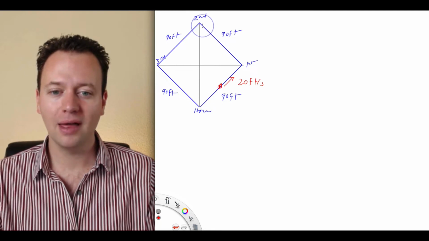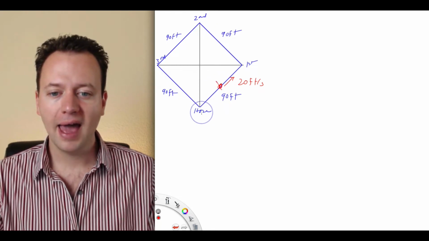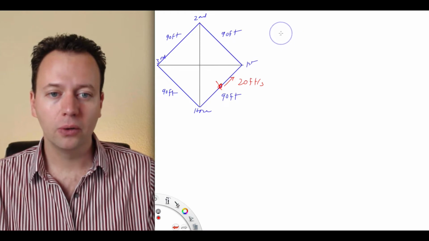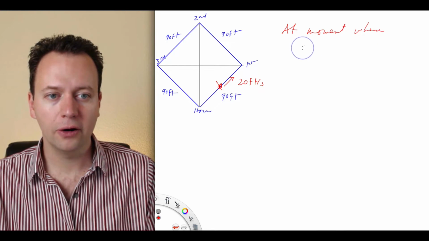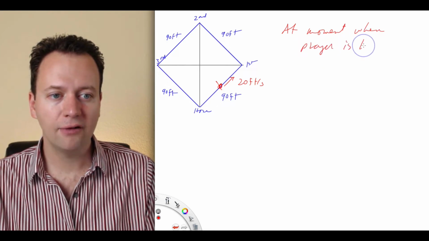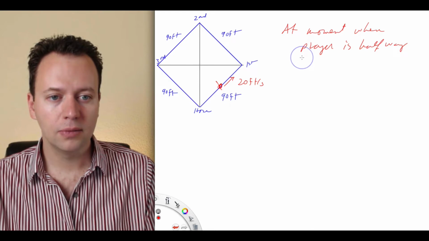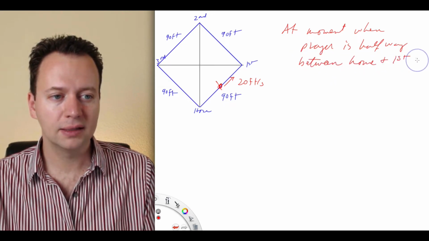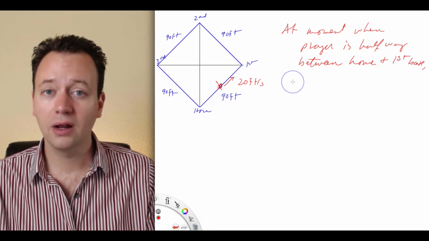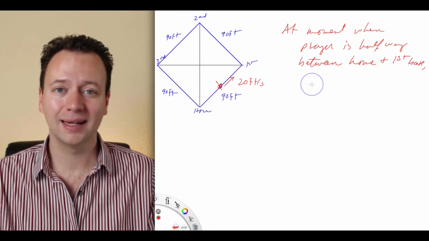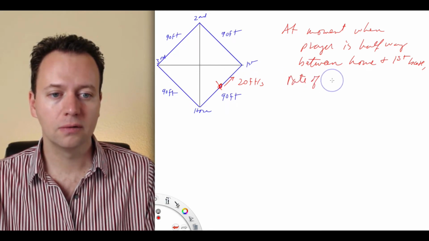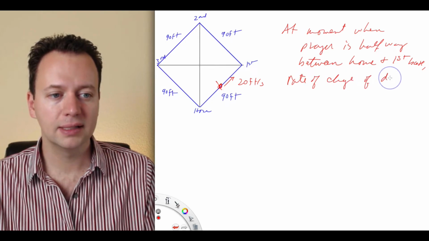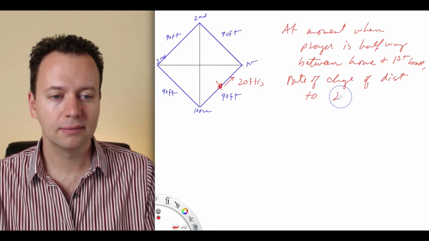Well, at the moment in time when the player is halfway between home and first base, what's the rate of change of the distance between the player and second base?